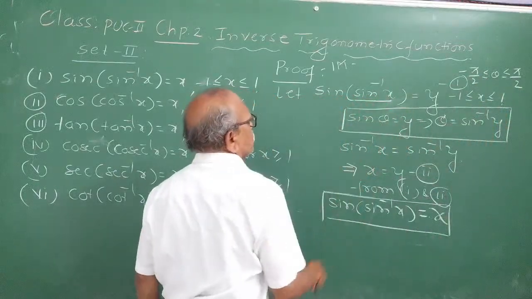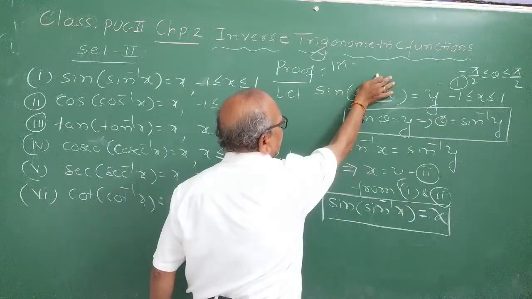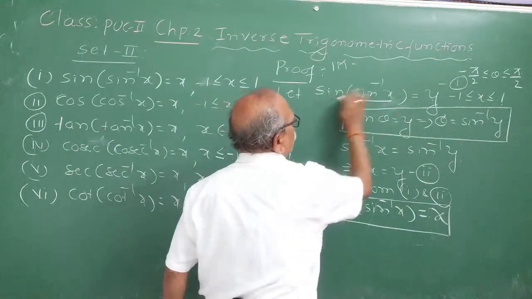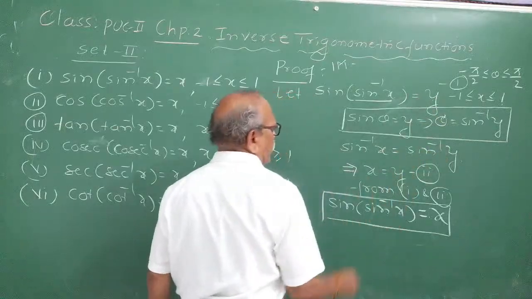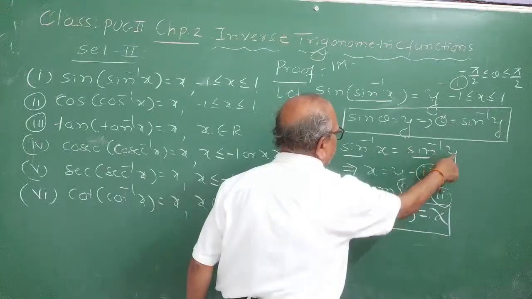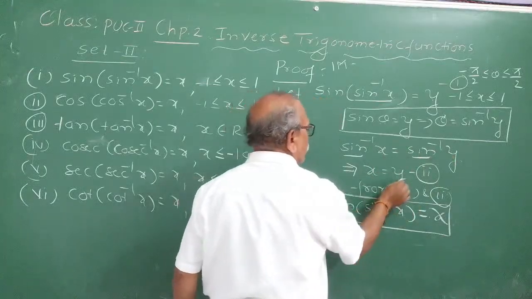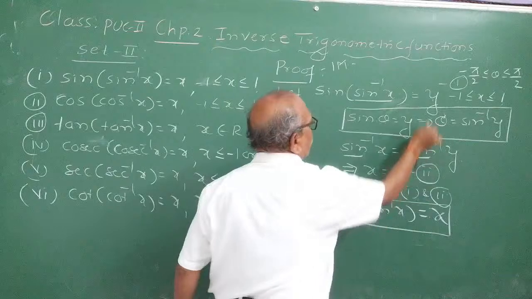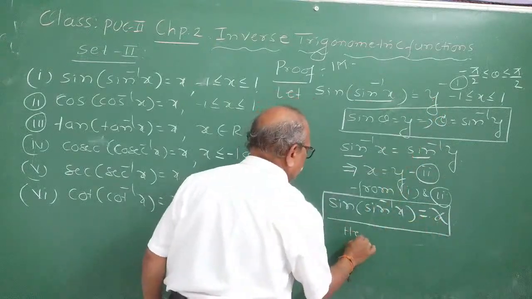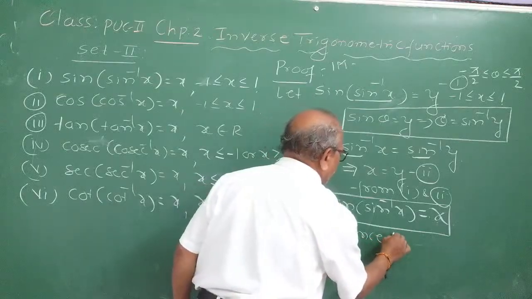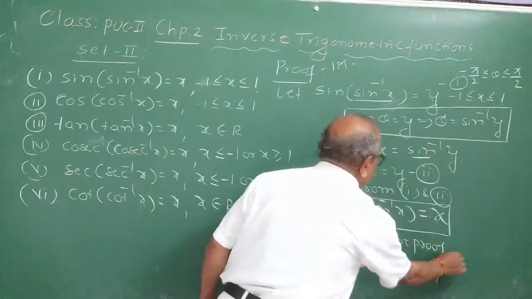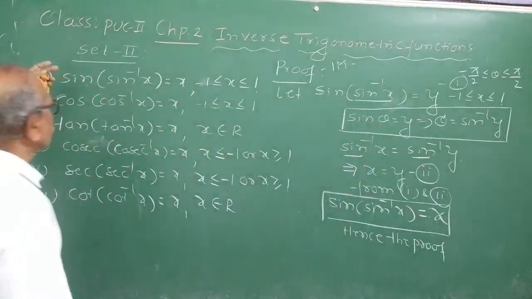Then both conditions are satisfied. Suppose this is theta. You write theta is equal to sine inverse of y. Then sine inverse can be eliminated, and you get x is equal to y only. Now from 1 and 2, wherever there is y, I can put x. Hence proved. May appear for 1 mark. Similarly, you can go on proving all the 6.